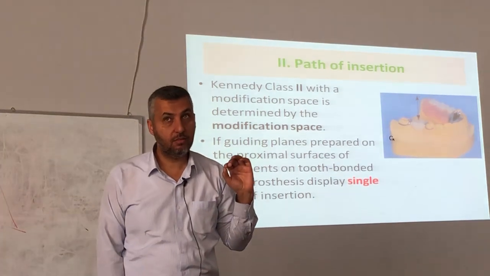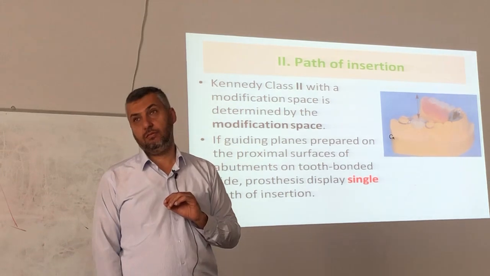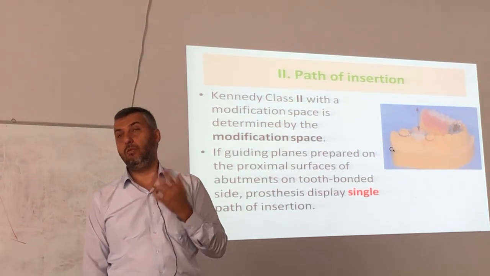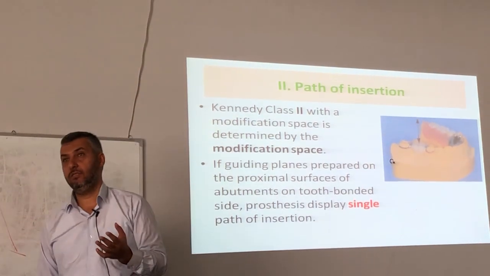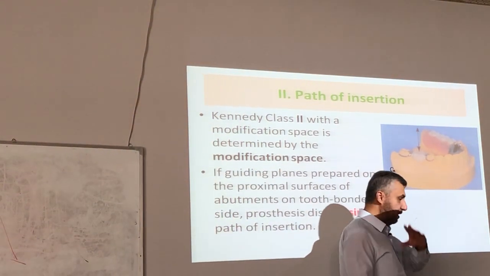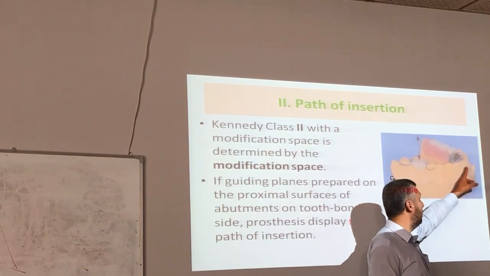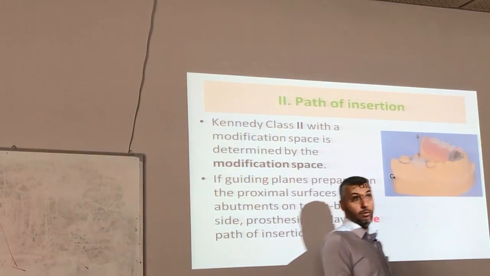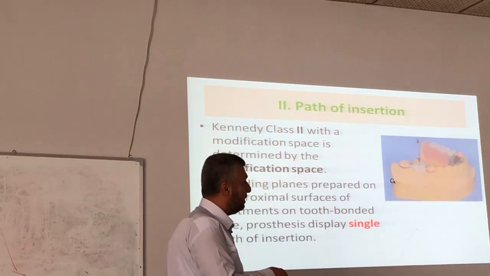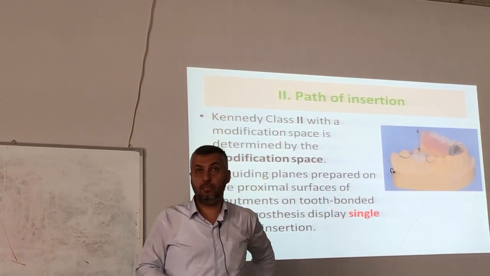Clear? If yes, why? But doctor, it was free, so maybe we need to cut the cast. No, because it's free, okay, but because we don't have other parallel surfaces, we just have one surface. We have only one surface in this position, but in this case, we have two surfaces.